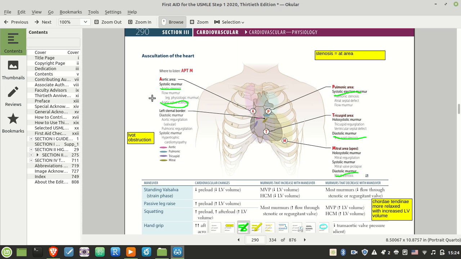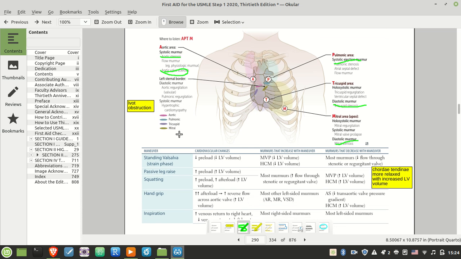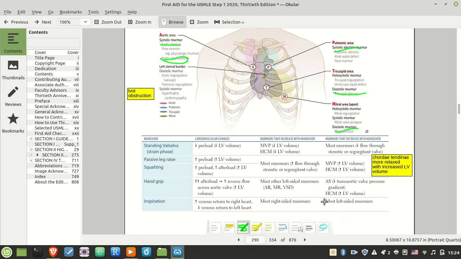Okay. So what are the other big ones? Really, these are the big ones here. I mean, also recognizing holosystolic murmurs. You've got to think of mitral regurgitation. And an important thing to understand is the difference between mitral regurgitation and mitral valve prolapse.